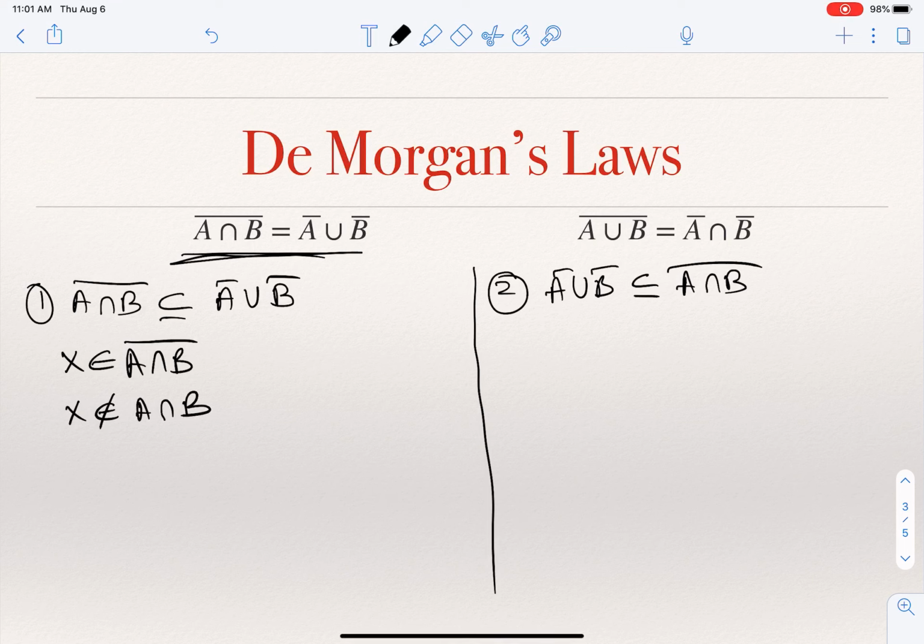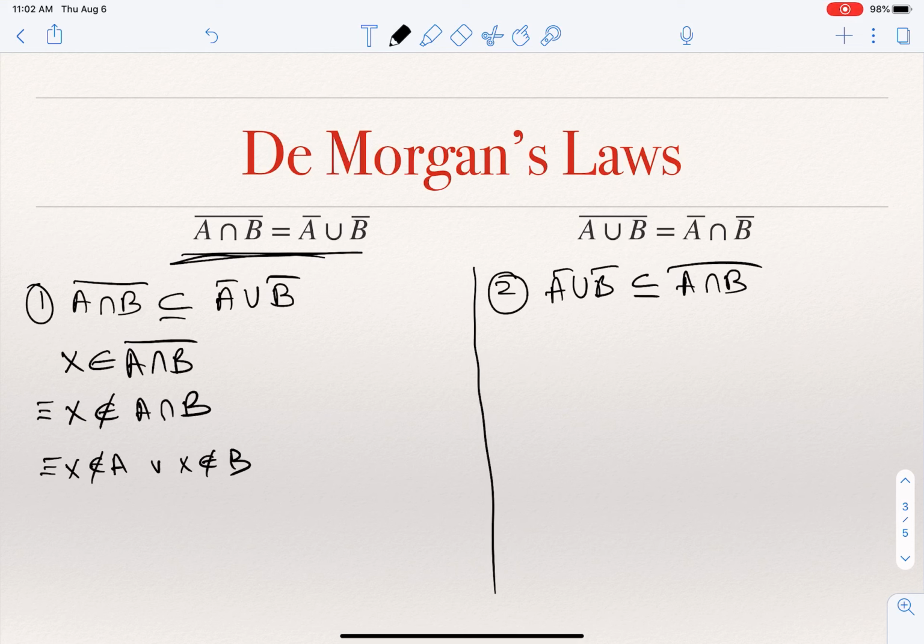If x is not in the intersection of A and B, then x is not in A, or x is not in B. You cannot have x in A and x in B and still have x not being in A intersection B. So these are equivalent, this is equivalent to the first statement, and this is equivalent to the previous one.